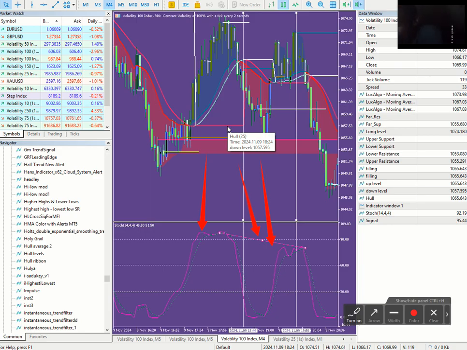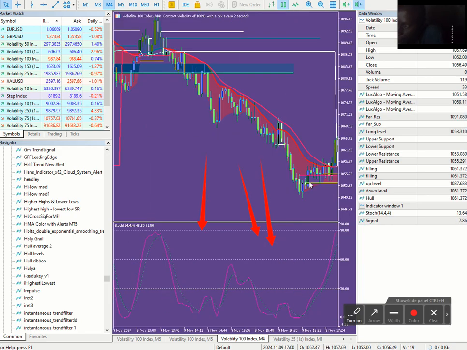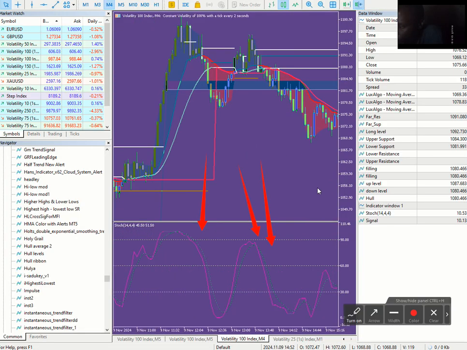How do we plot that divergence when it comes to MT5? There's something else here. We are having again another divergence at this point.